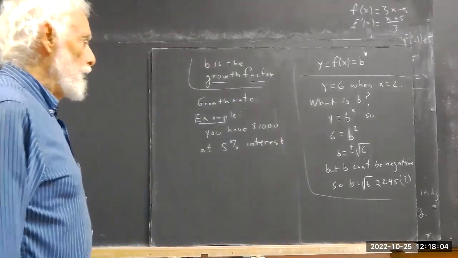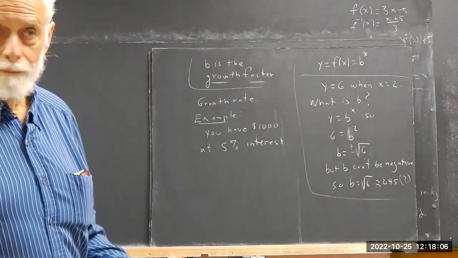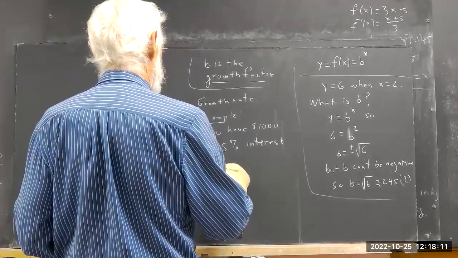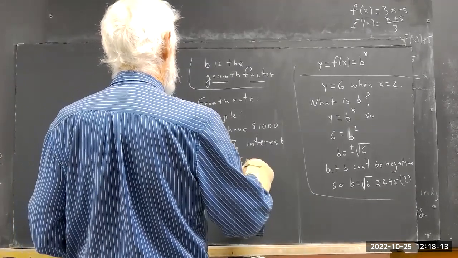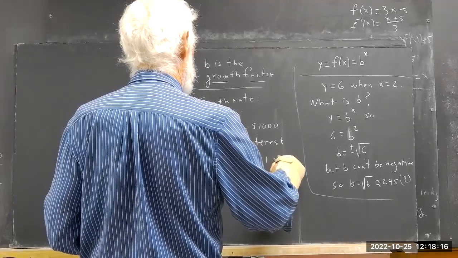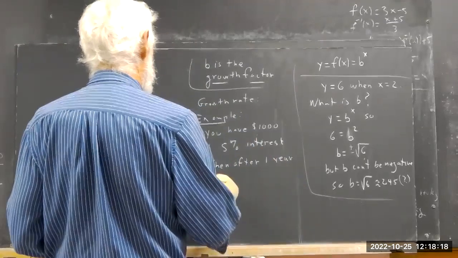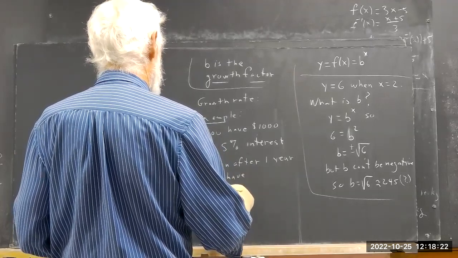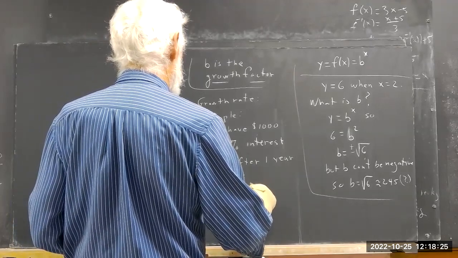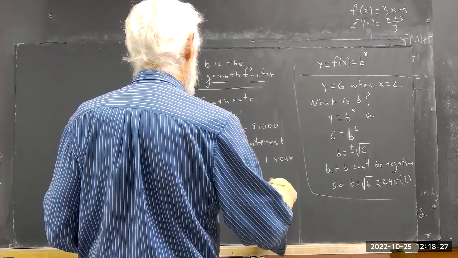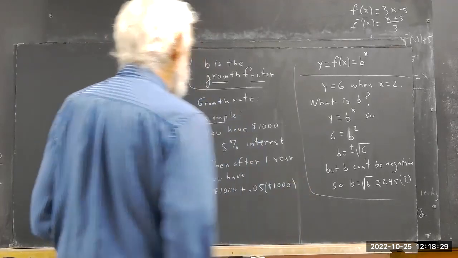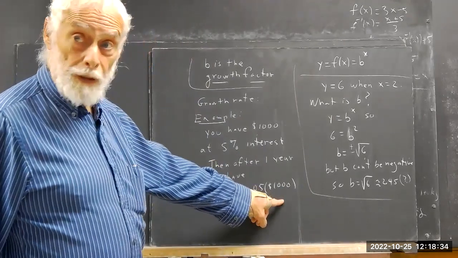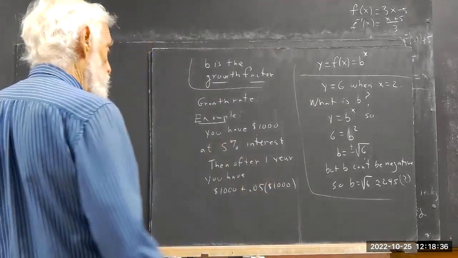Suppose you have $1,000 and 5% interest. Well, in a year, your interest is going to be 5% of $1,000. It'll be $50.